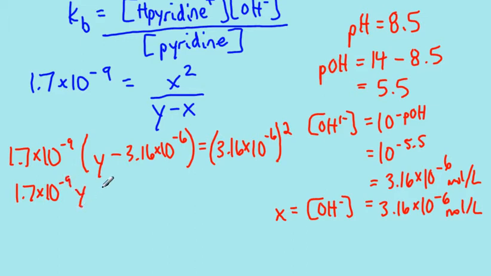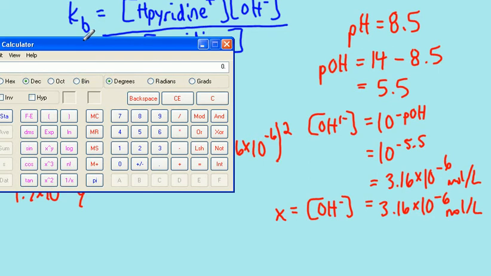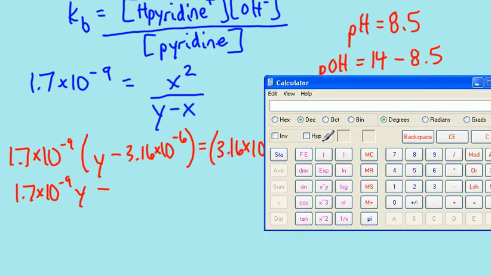So 1.7 times 10 to the negative 9 y minus, lost my calculator, so 1.7 exponent minus 9 times 3.16 exponent minus 6, and what is that?